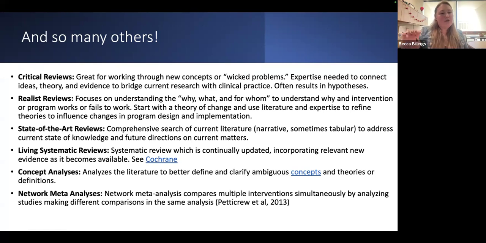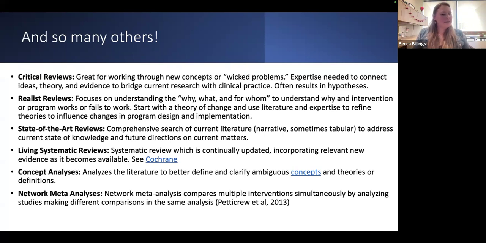Critical reviews fall under, again, that narrative review, traditional review type. They're solving wicked problems, and there's often a hypothesis that is the result for more research to be conducted. And then you have network analyses that are looking at multiple interventions at the same time, which is a very high level review.